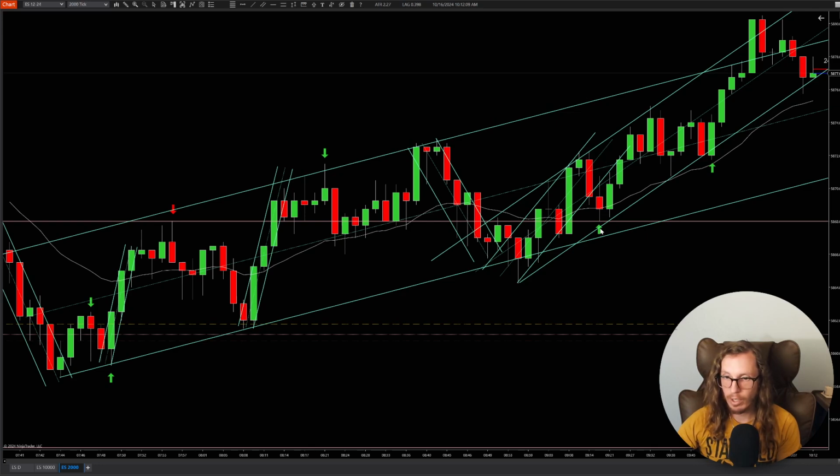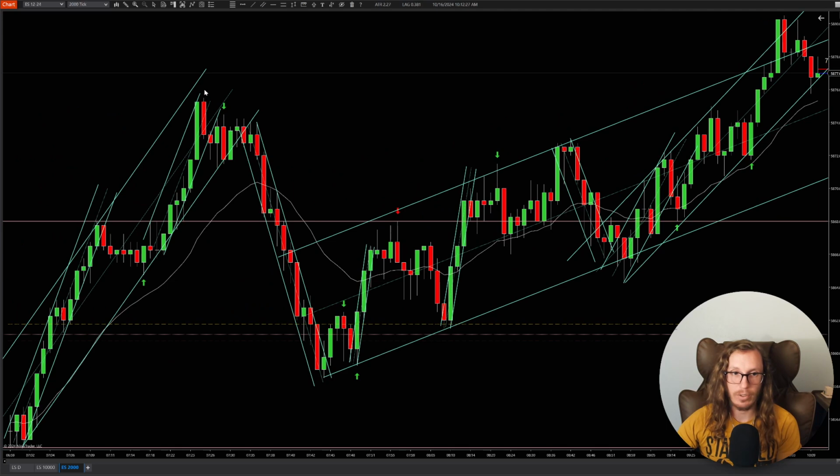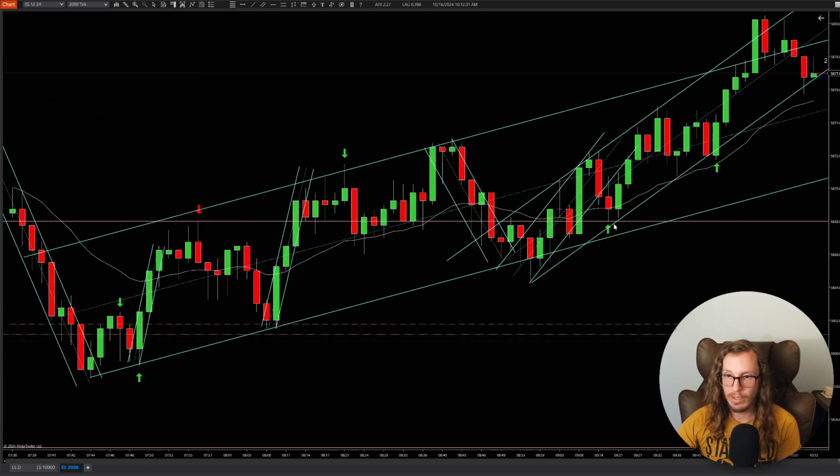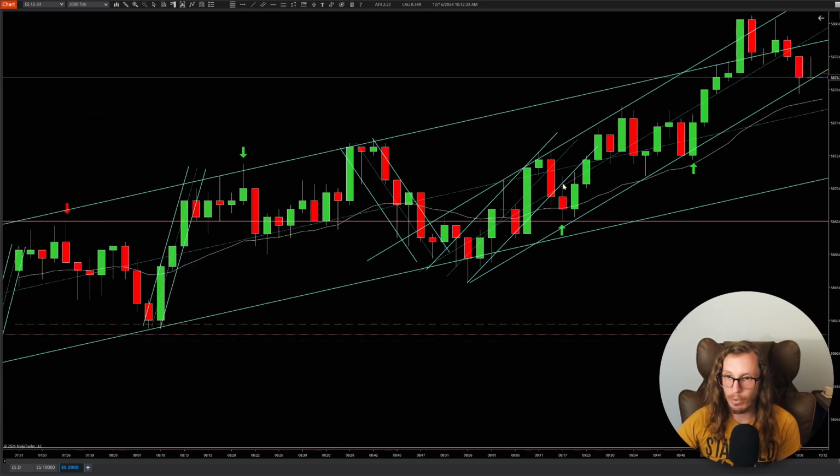The reason this is marked with the green is that this is actually a first entry, second entry short that fails here. And the reason I like that one is it's a failure, and I'm expecting it to at least come up and tap this high, give us a new high on this short-term up channel. Also, you're far enough away from these highs over here, and you still haven't made a high from over here when you broke that channel. So I liked that trade, and I was in that one as well.